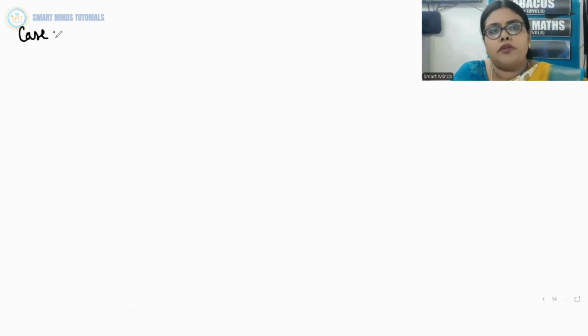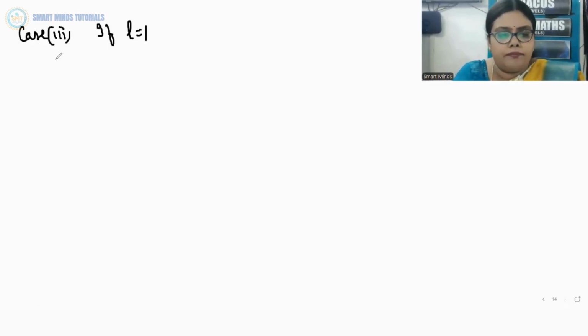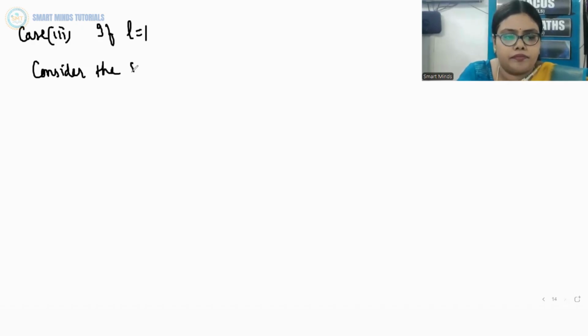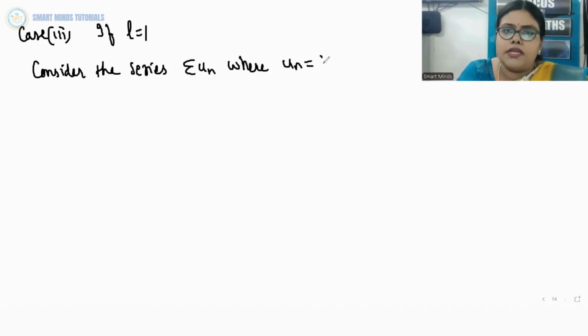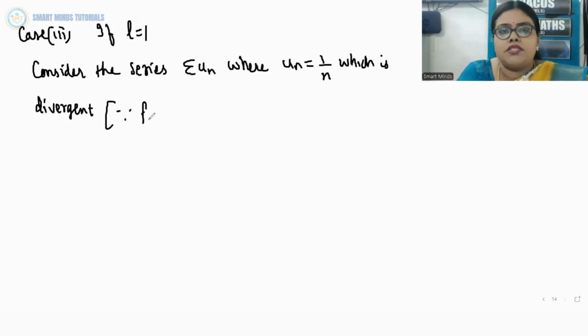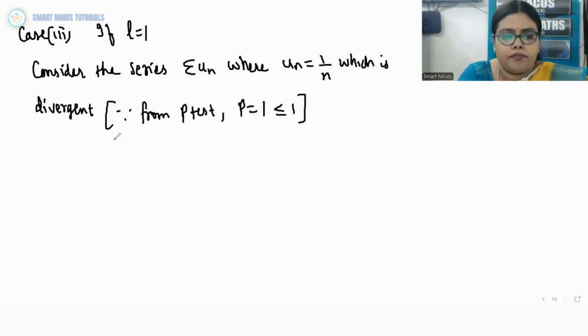Now let us move on to case 3. So case 3 is if L is equal to 1. So we consider the series sigma u_n where u_n is equal to 1 by n, which is divergent. Now since from P test, P is equal to 1, which is less than or equal to 1.